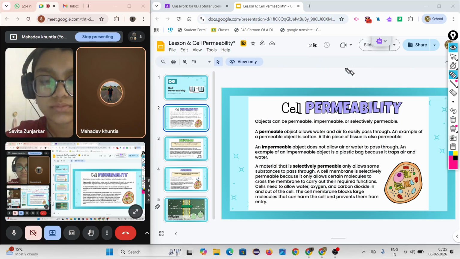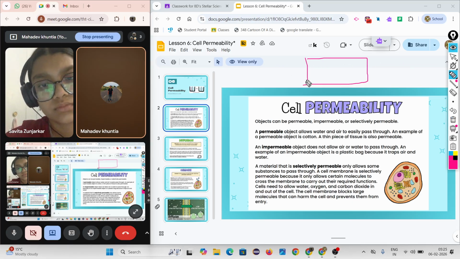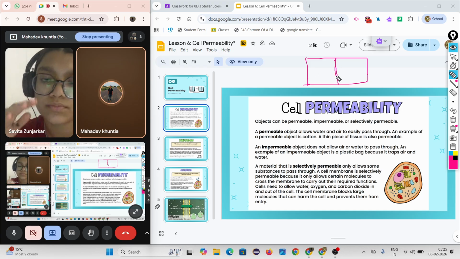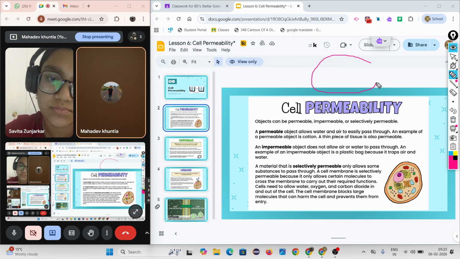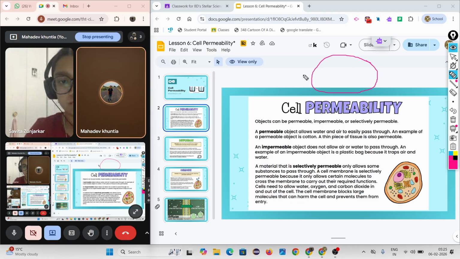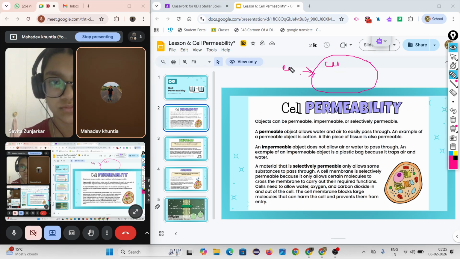It is like your room, your building. There are different rooms. How is one room different from another room? By the wall, right? Like this, in a cell, this layer is called the plasma membrane, which separates cell content from the environment.